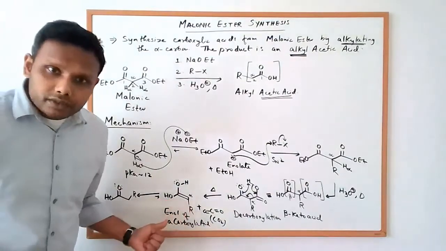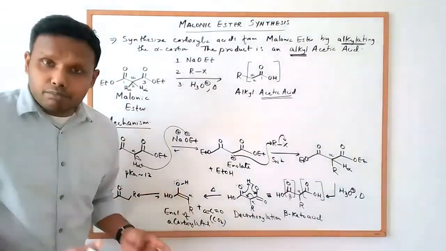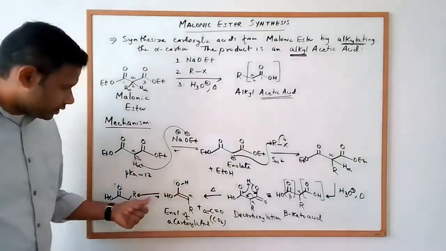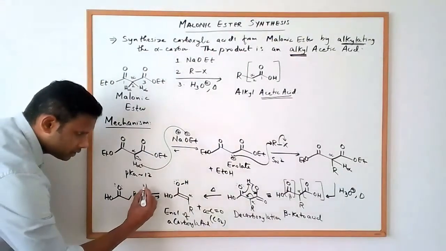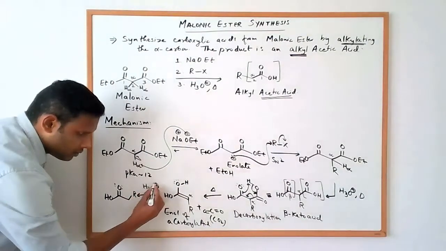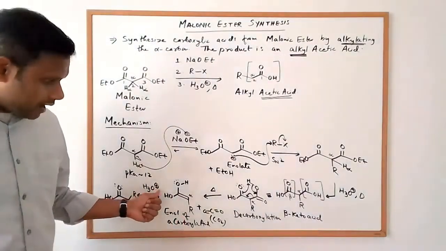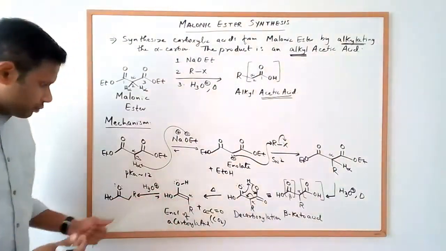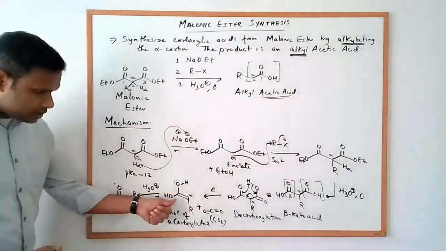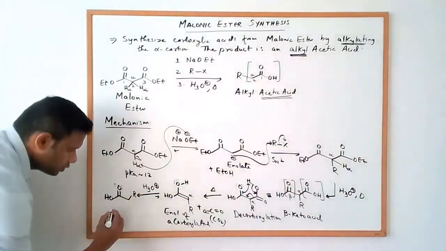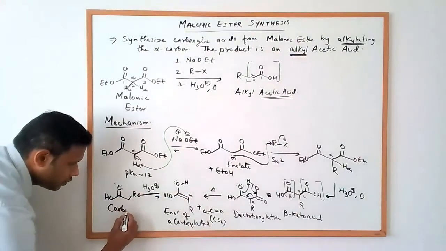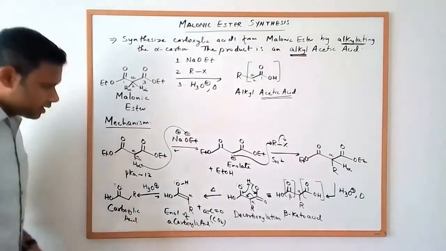Now, we haven't drawn a complete mechanism for the tautomerization here, but this process is facilitated by acid. So the acid is what helps with this process, but under acidic conditions, that enol can tautomerize to the keto form, which is a carboxylic acid.